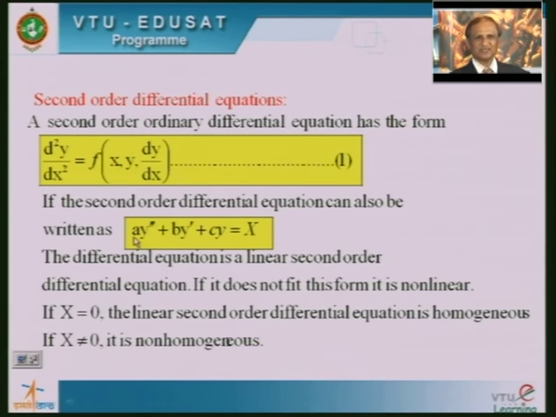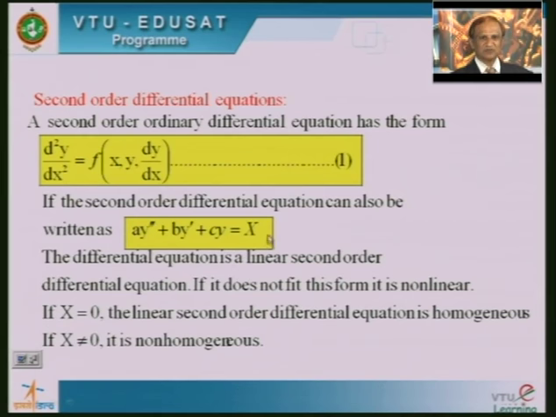So, one form is a into y double prime plus b into y single prime plus c into y is equal to X. Such a differential equation is a linear second order differential equation, right. If it does not fit this form, it is non-linear. Any equation not of this form, we can say that such equations are called non-linear differential equations, right.